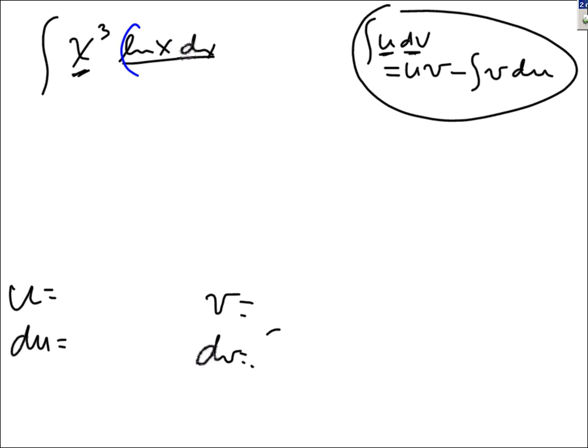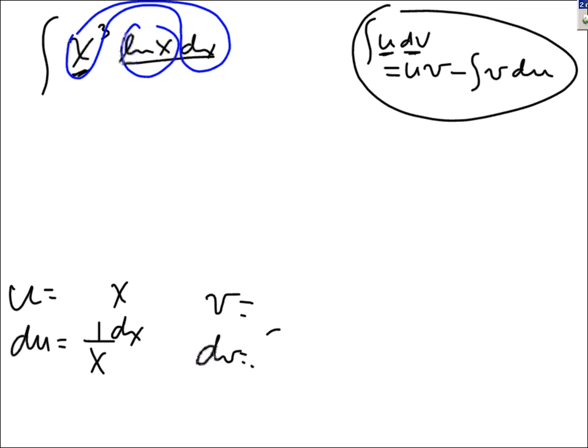I'm going to let u equal ln of x. So du is 1 over x dx, which is dx over x. dv, I'm going to let that equal x cubed dx.